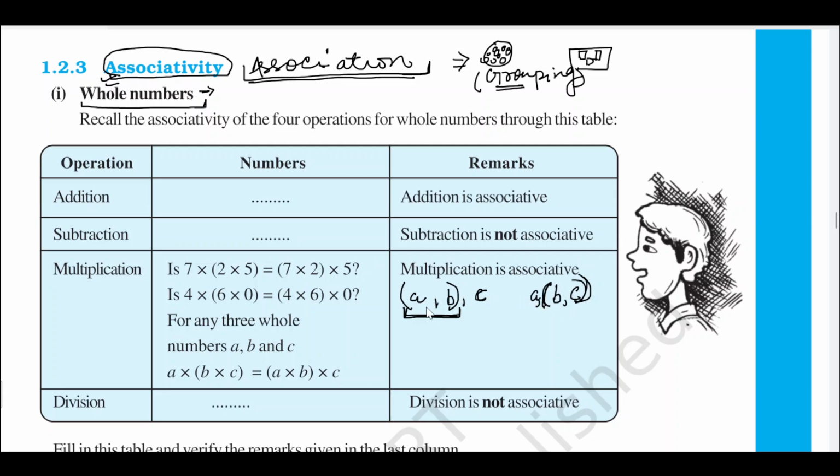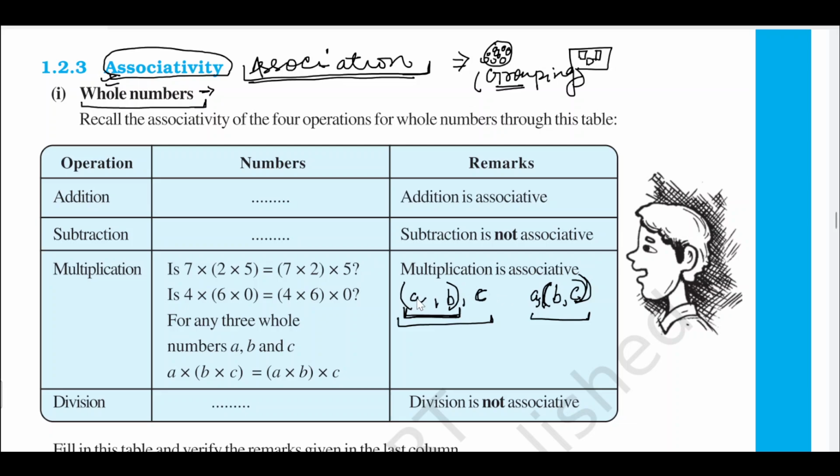In the A, B, C three whole numbers, we have associated A and B in a group and kept C alone. In the next association, we have kept A alone and B and C in a single group. So these are forming different groupings or associations.